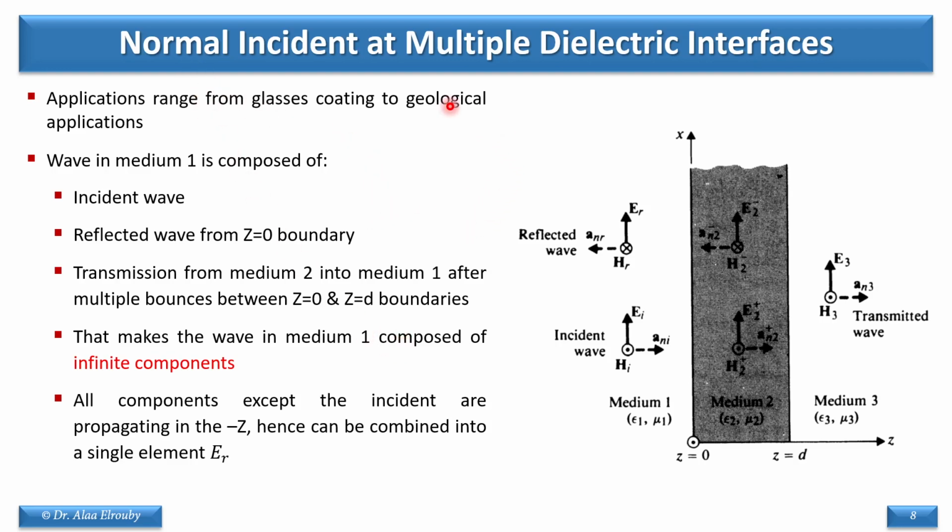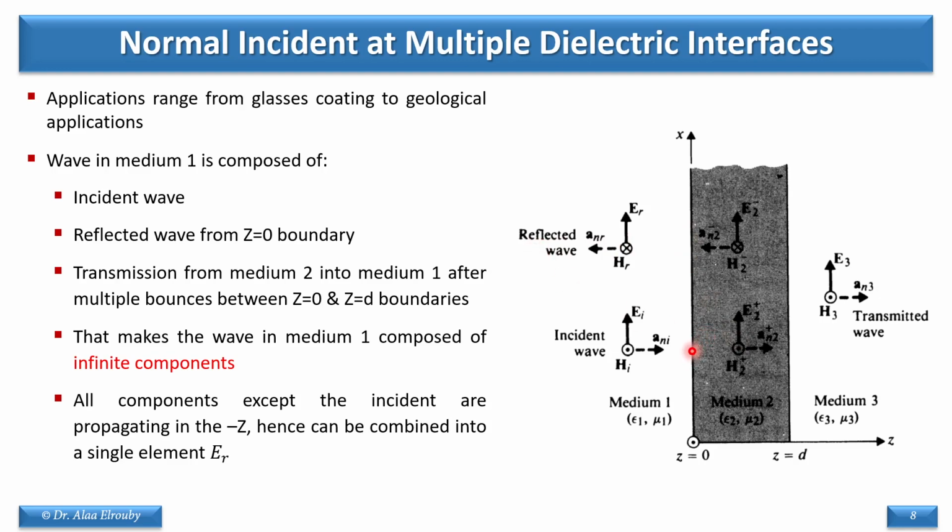One other problem is normal incidence on multiple dielectric interfaces. So if we have media 1, media 2 and media 3, all of them dielectric materials, and we have a wave incident from media number 1 at the interface, part of the signal will be transmitted into media 2, and part of it will be reflected in media 1.